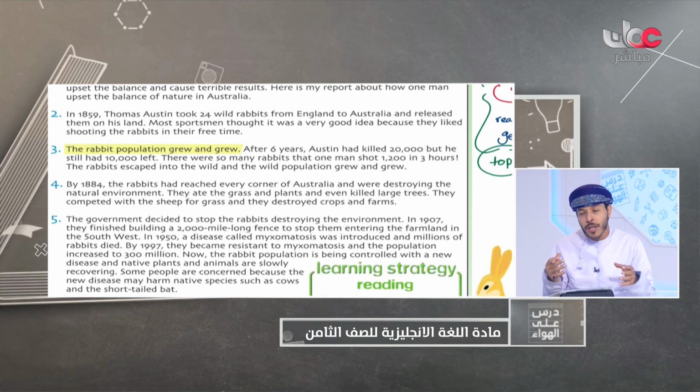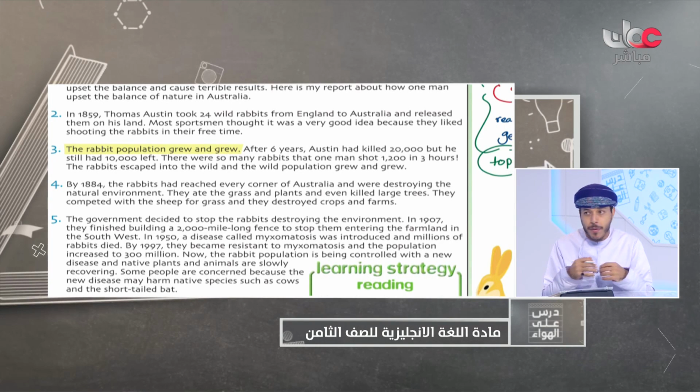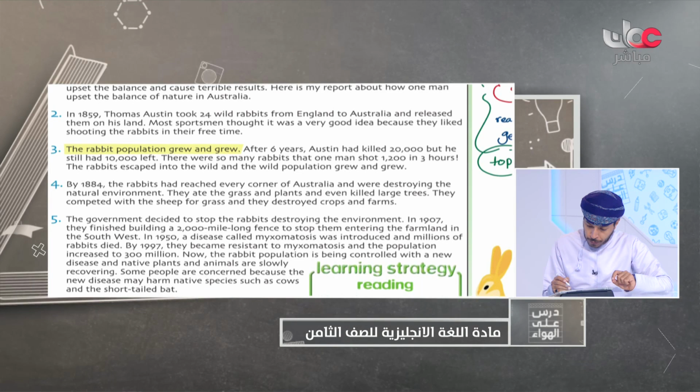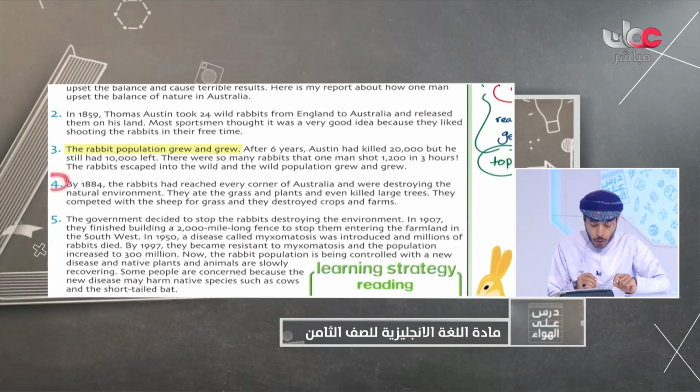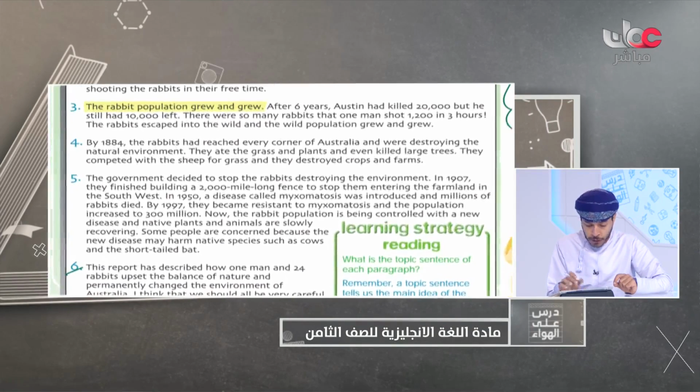It means these rabbits have spread out in the whole country. They are many, maybe they are millions. Okay, so they were 24 only, but they became huge. So this is about paragraph number 4, and we can analyze things from the topic sentence only.